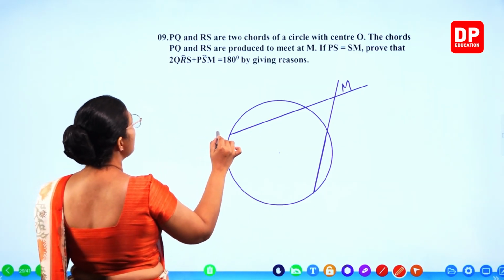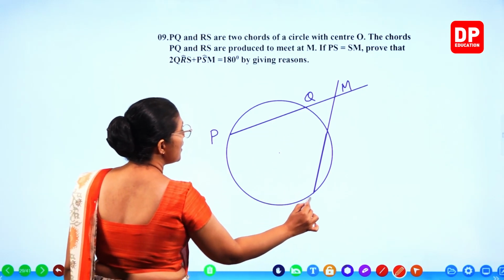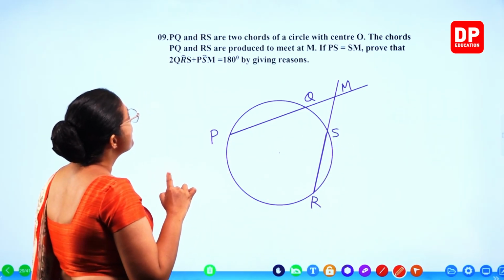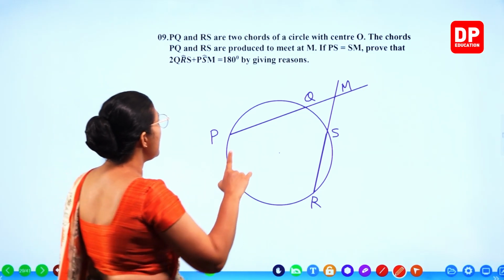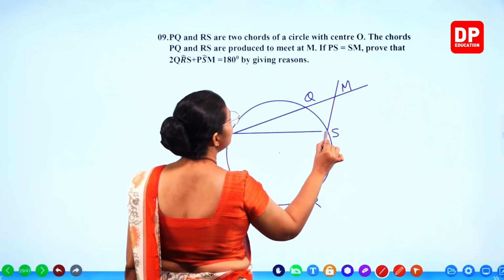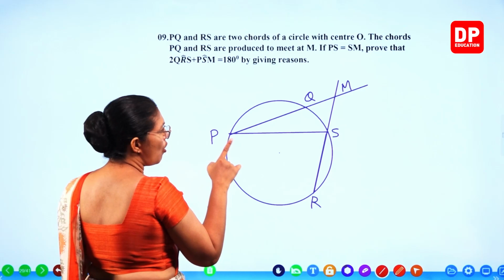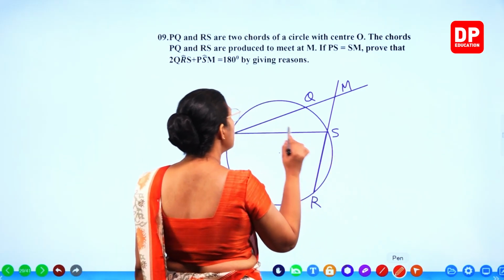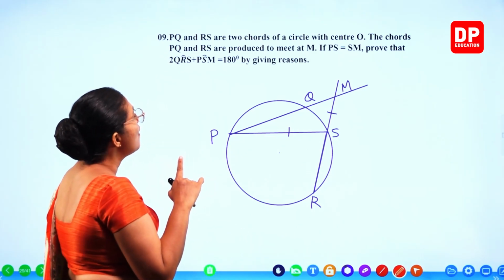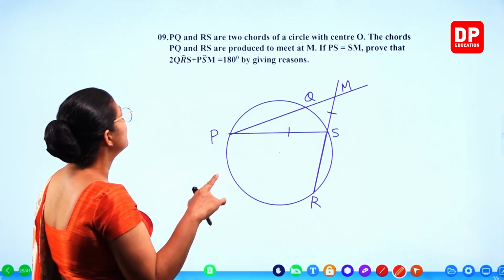It says PQ. So I'll label this one as PQ, this one as RS. If PS, this length, is equal to SM. According to my diagram, it's not equal, but this is a sketch. So you can label it so that this PS length is equal to SM.